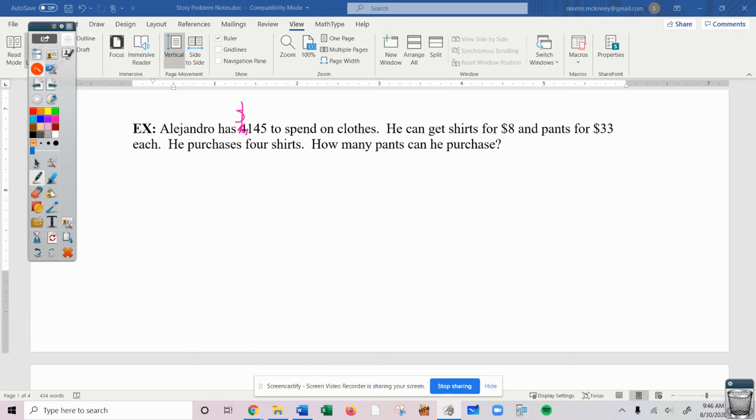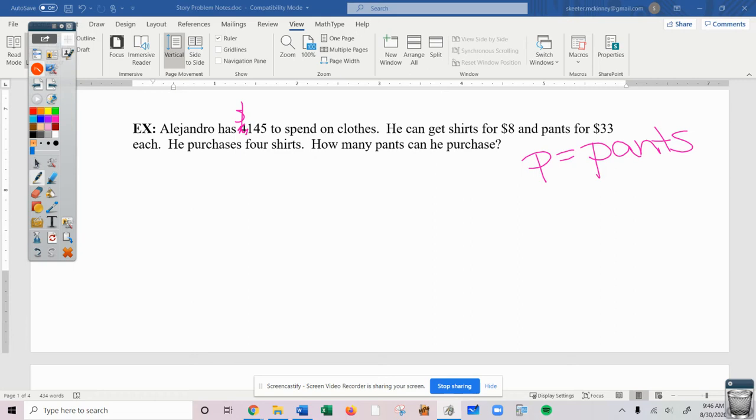Okay, so what is this problem asking us to find? It's asking us to find how many pants he could purchase. So P equals pants. Now, Alejandro has $145 total to spend, right?